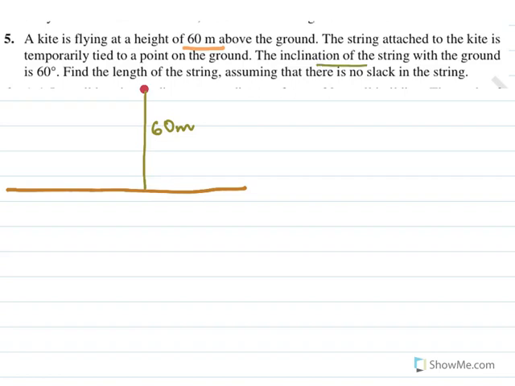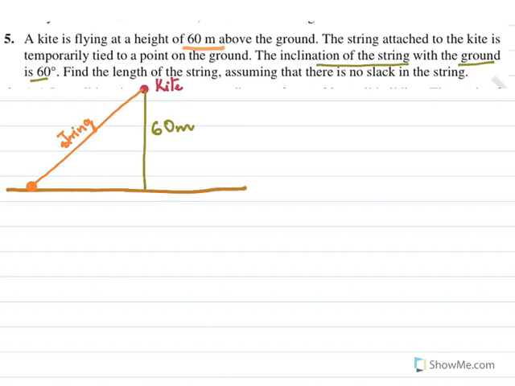Now let's read further. The inclination of the string with the ground is 60. So we need to draw the string. Say now the person is flying the kite. He's at this place here, and this is the string. Here is the kite.